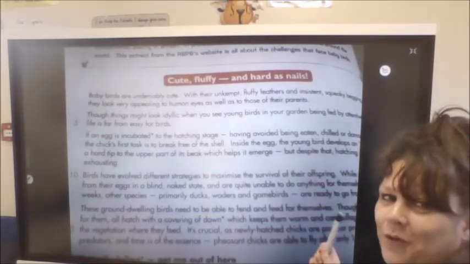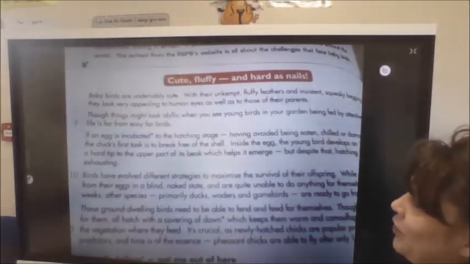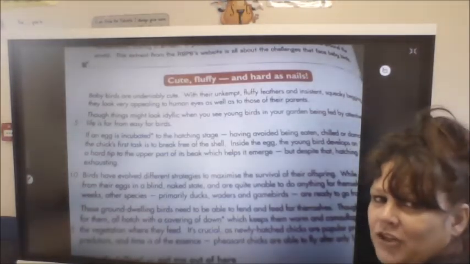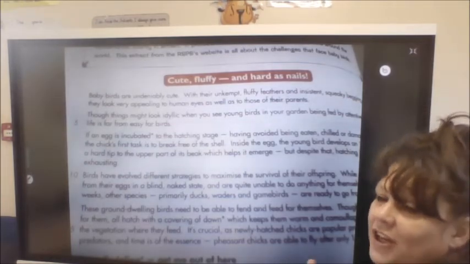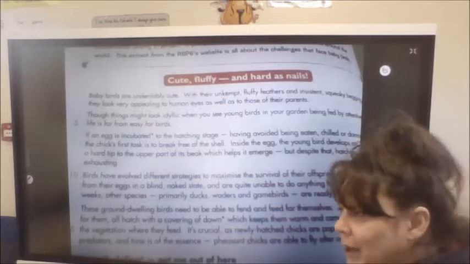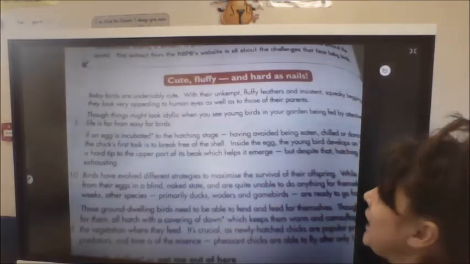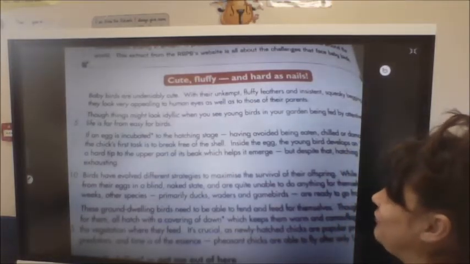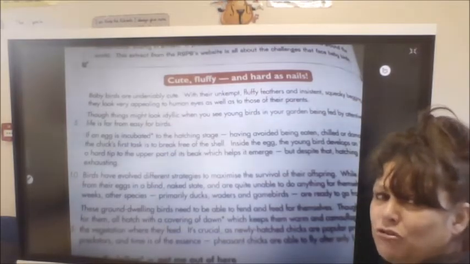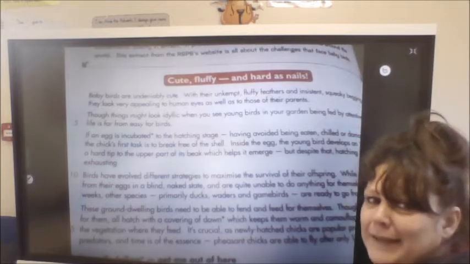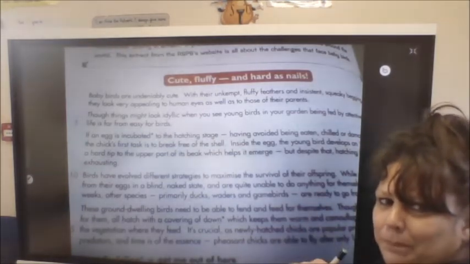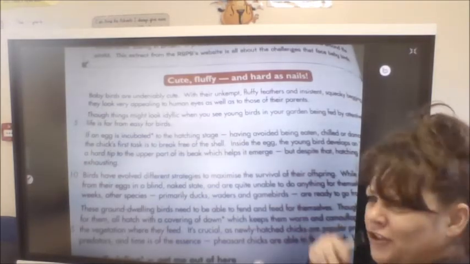So let's have a look at what the text says. Baby birds are undeniably cute. So undeniably means that you can't say otherwise. Baby birds are cute. Absolutely. With their unkempt, fluffy feathers. So unkempt, you were looking for synonyms for those. So, scruffy, untidy, those kind of things, because when they first hatch, the feathers are all over the place.